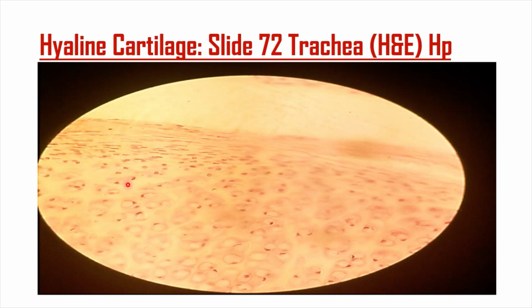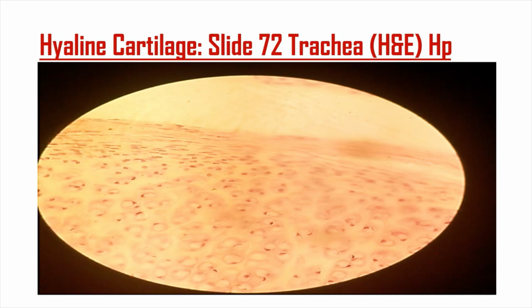And this here is your hyaline cartilage. Hyaline cartilage has got collagen fibers, and it has these cells here. These dark cells are what we call chondrocytes. So the chondrocytes are embedded in spaces that are known as lacunae.